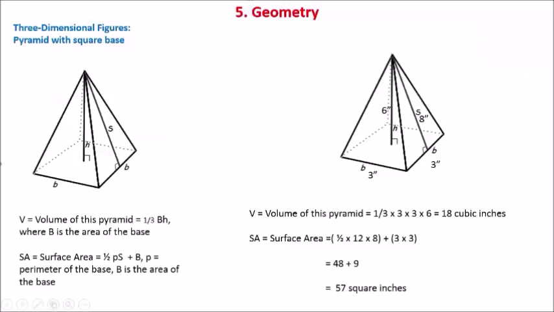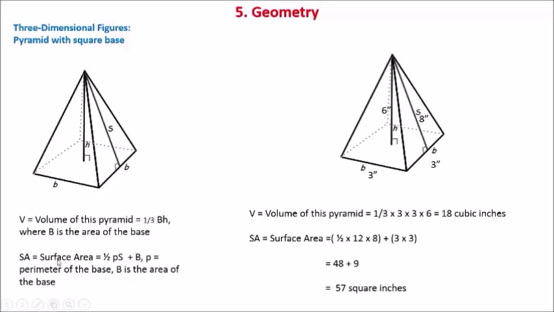So now this is a pyramid with a square base, okay? This square has a side b, the slanting side is S, the straight height is H. So the volume of this pyramid is 1/3 B times H, where B is the bottom base area. Base area. It's not this little b. There's a big B, right?